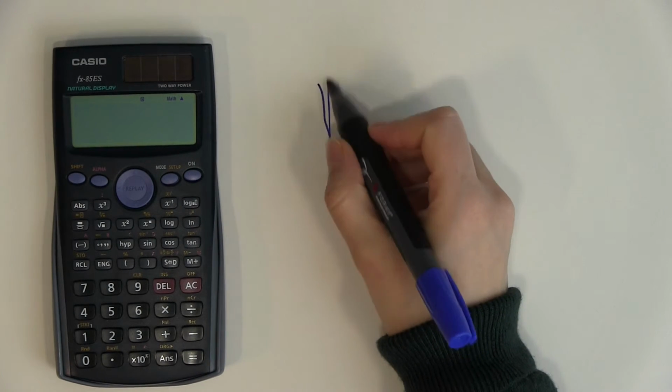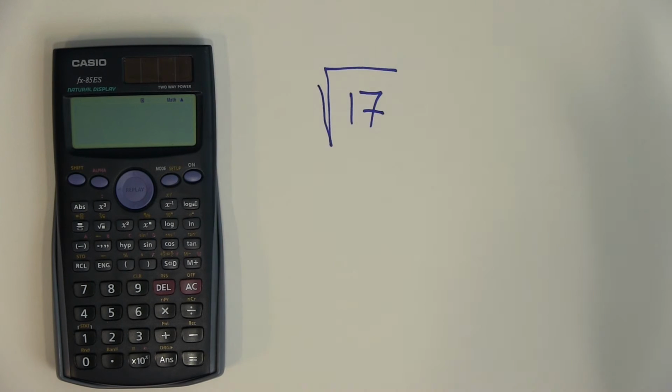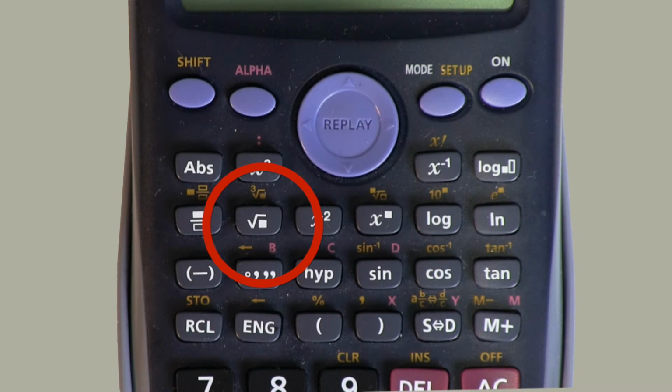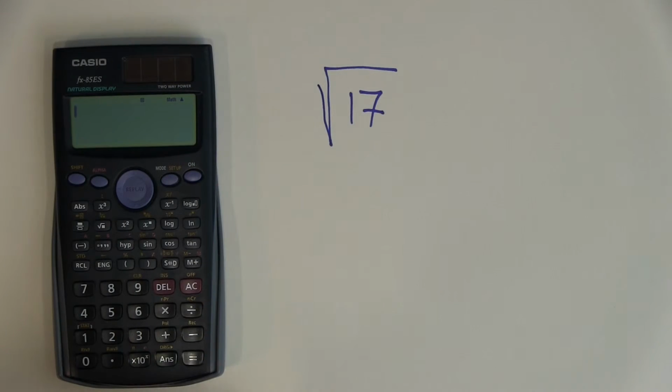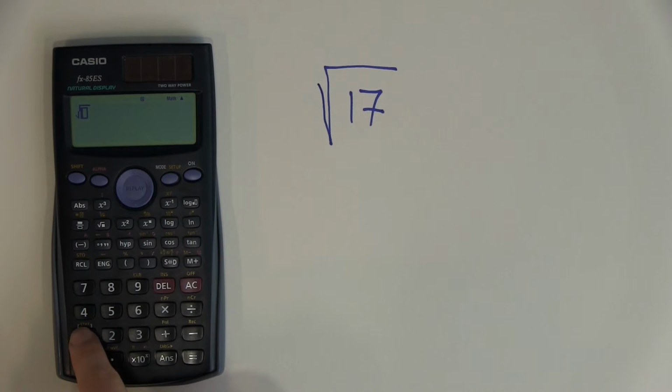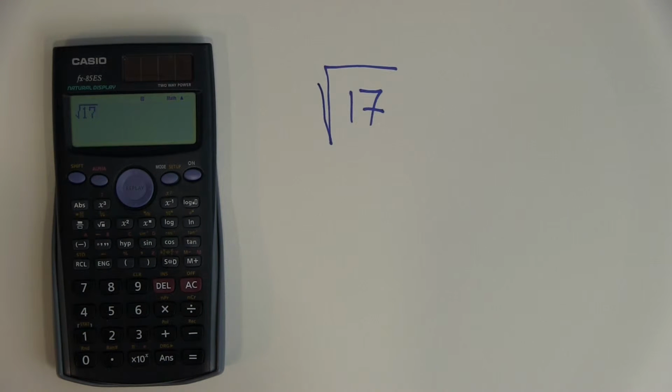Now that we looked at the powers, how can we undo them? Meaning, how can we use the roots? So for example, let's say you needed to calculate the root of 17. Now on the calculator you can spot that there is a square root button. The important thing here is that I need to press the root button first and then tell the calculator what number to calculate the root of.